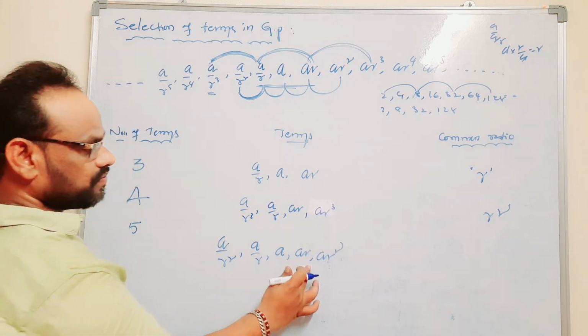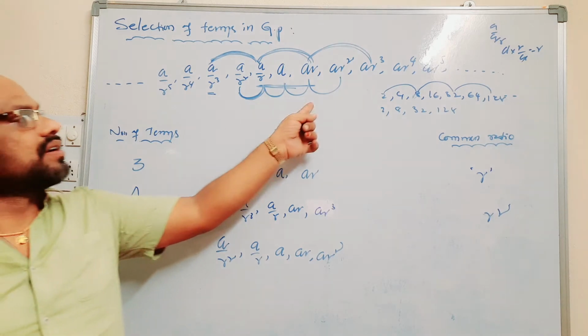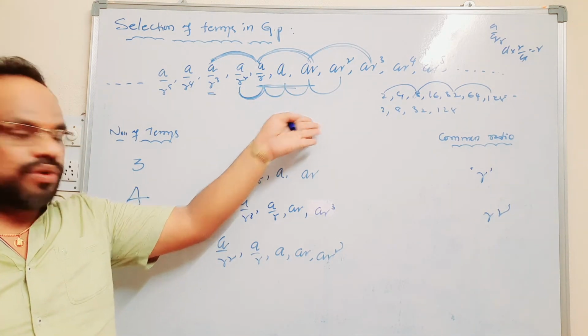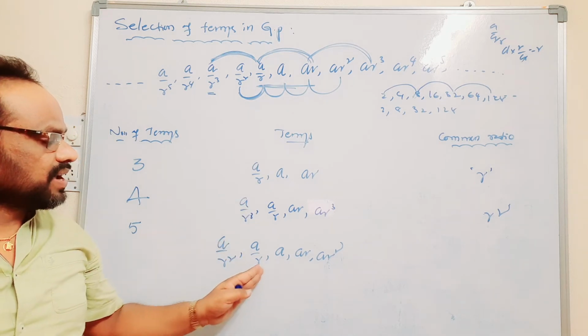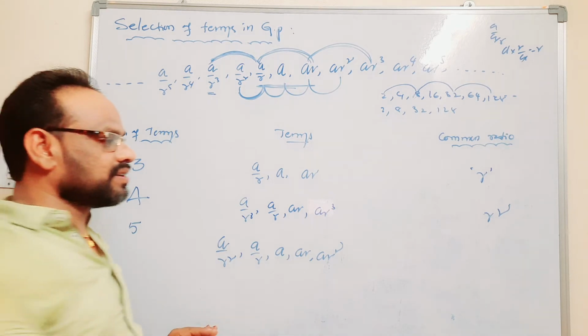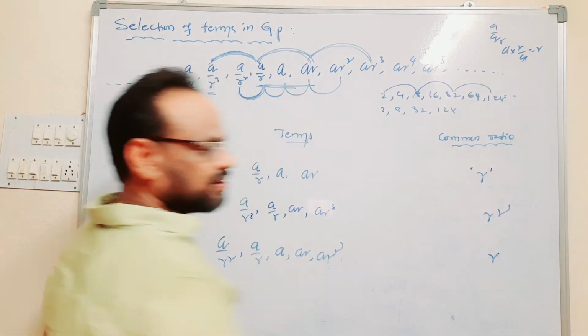These are consecutive terms of the general form of geometric progression. Clearly, A by R square, A by R, A, AR and AR square are in geometric progression with common ratio R.